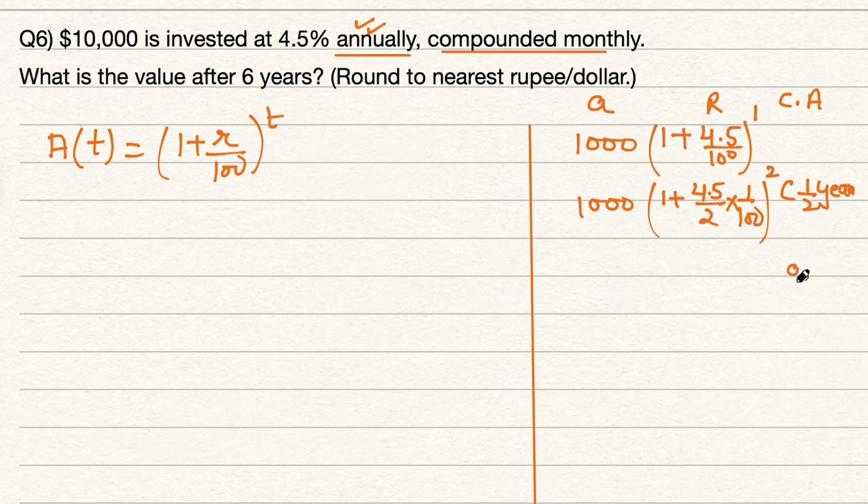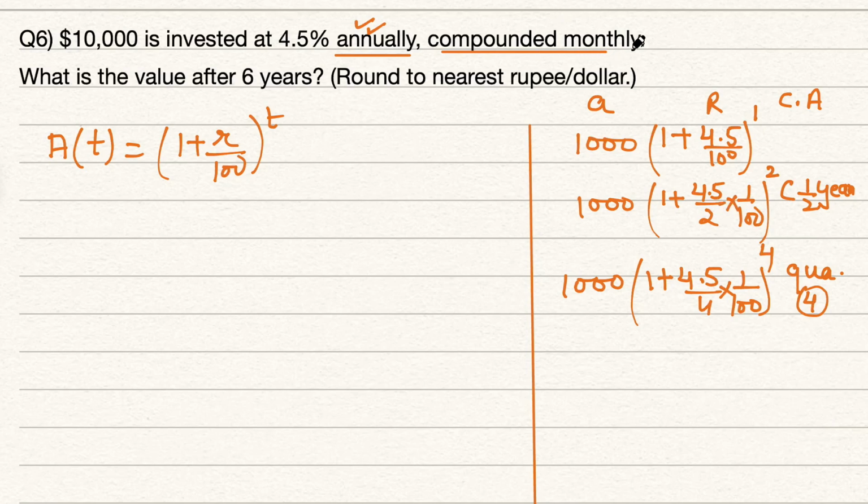But what if it is compounded quarterly? That means you are going to get interest 4 times in a year. In that case, rate of interest will also be 1/4, and this 1 by 100 is as it is, and raised to power 4. So that is the concept here.